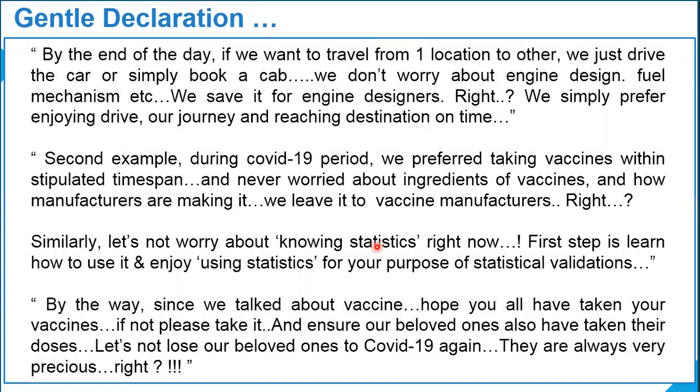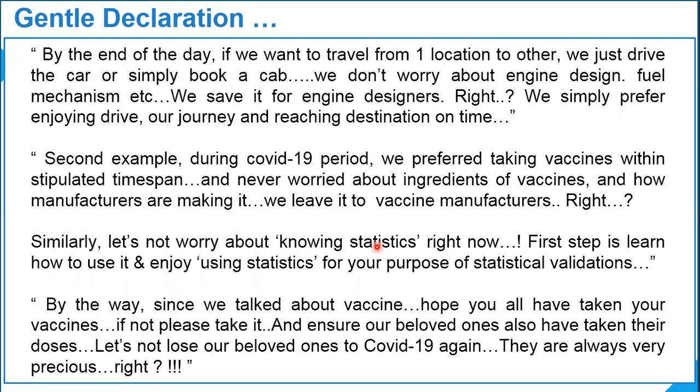By the end of the day, if you want to travel from one location to another, we just drive the car or simply book a cab, right? That's what we do. We don't worry about engine designs and fuel mechanisms and all those things. We save it for engine designers, right? We simply prefer enjoying driving our journey and reaching the destination on time.